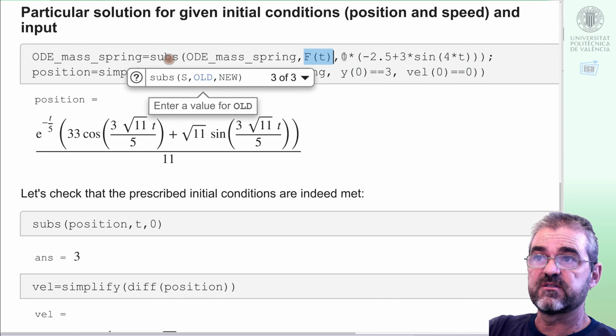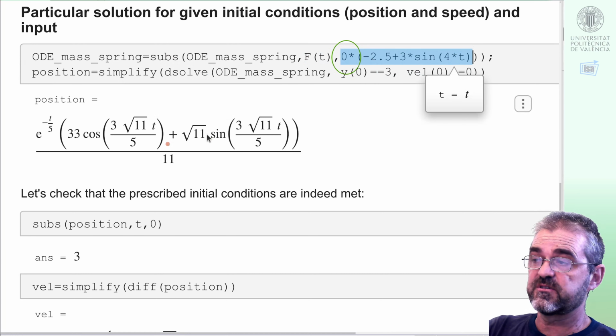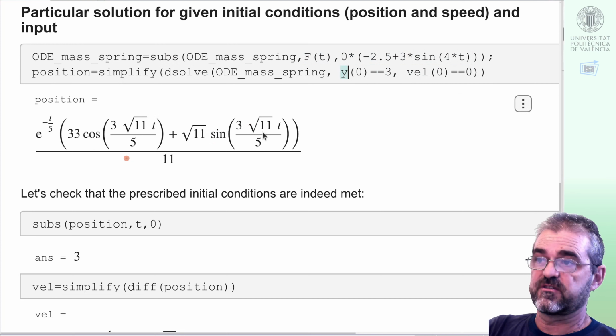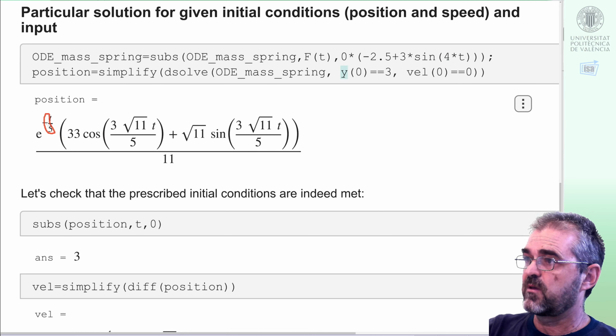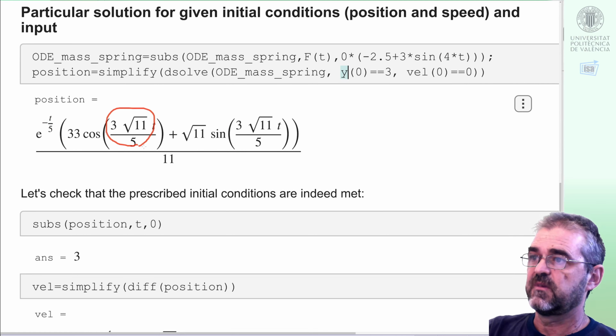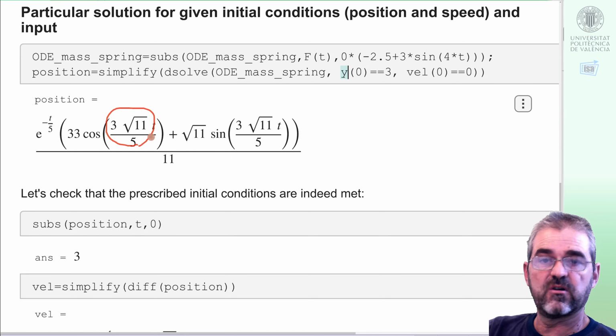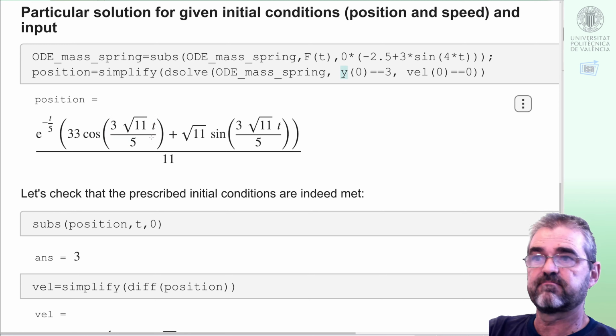We will substitute it. So if this force is 0, as it is now, we will have the free response, and that free response is this kind of exponential times trigonometric in this case. This 1/5 is the decay rate, and this 3 square root of 11/5 is the oscillation frequency, the proper oscillation frequency.